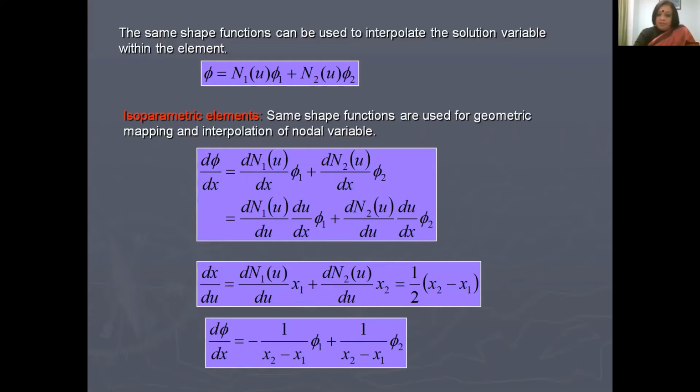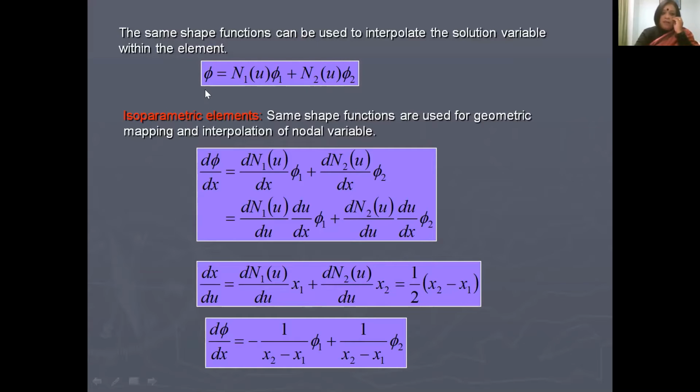Isoparametric elements are elements in which the same shape functions are used for geometric mapping and for interpolation of the nodal variable. Again, at the moment, do not ask me why. Let us go forward. So therefore, this is something that we were already doing.